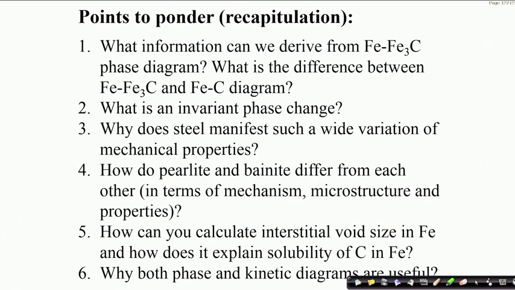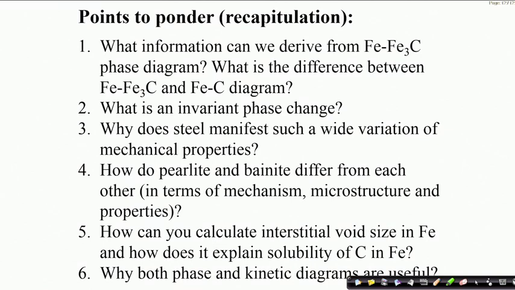We also saw how the interstitial void sizes are different in FCC and BCC forms of iron, which is why the solubilities are different in these two forms of iron and alloys. The most important thing is that we need to understand the difference between the phase diagrams or equilibrium diagrams and kinetic diagrams.